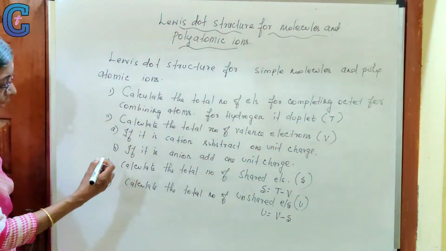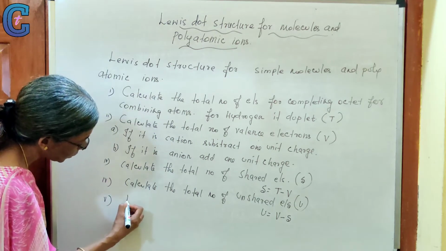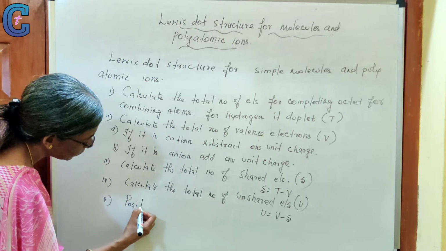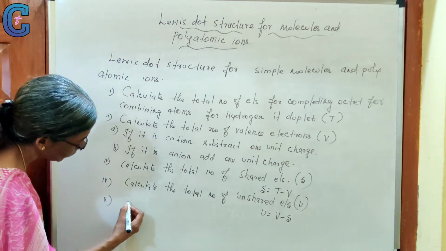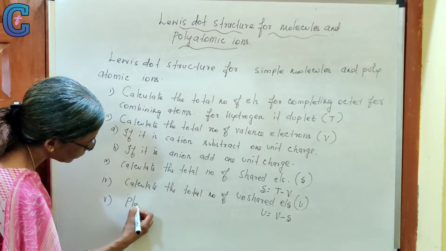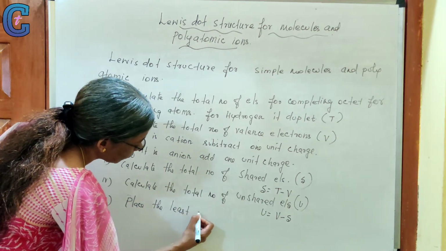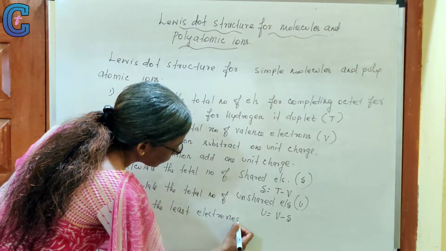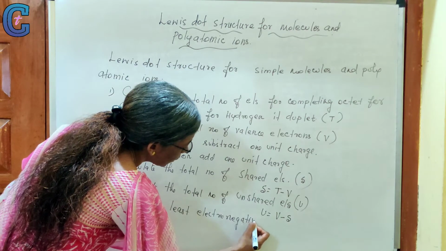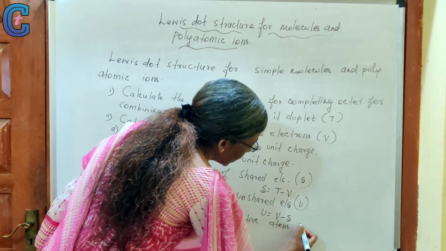Okay. Then the fifth point is to position, or you can write arrange: place the least electronegative atom in the center.